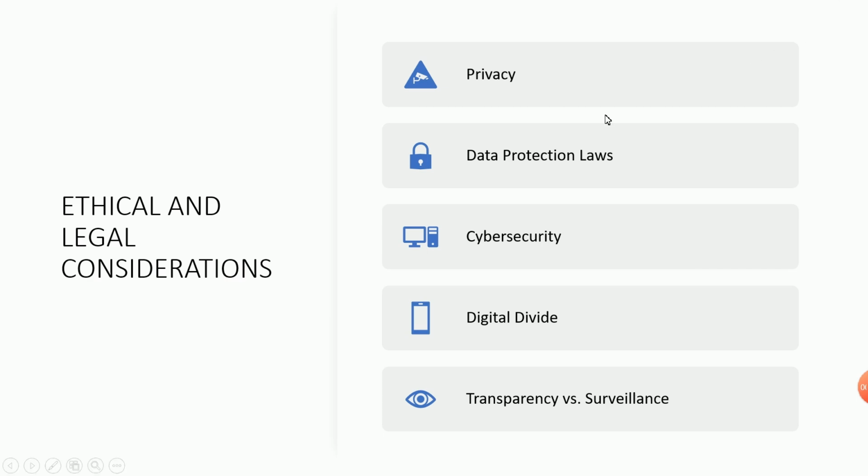So there is a risk to privacy. Next, data protection laws. Cybercrime is one of the departments in law where they are implementing certain laws. Still, it is not implemented on a large scale at the moment.